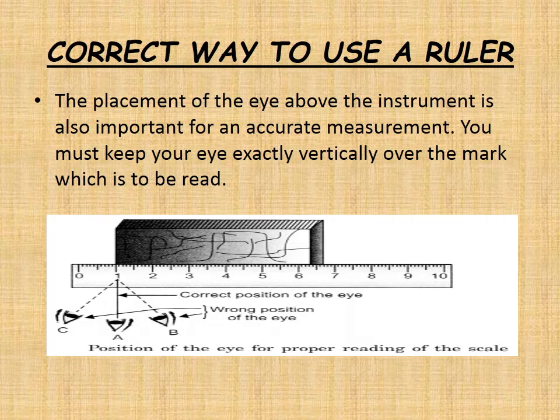Correct way to use a ruler. The placement of the eye above the instrument is also important for an accurate measurement. You must keep your eye exactly vertically over the mark which is to be read.